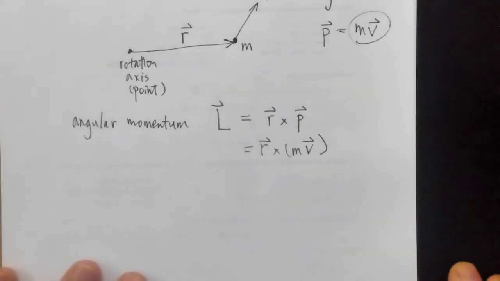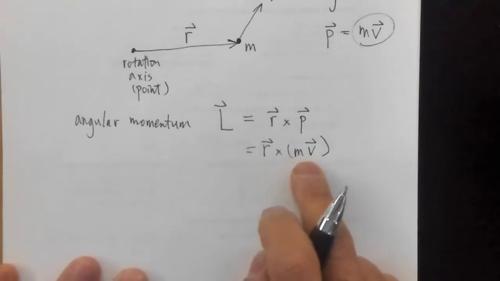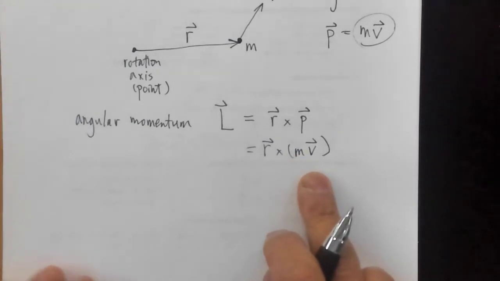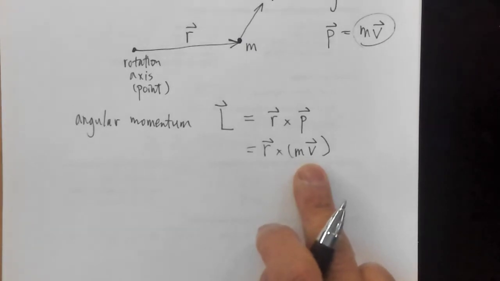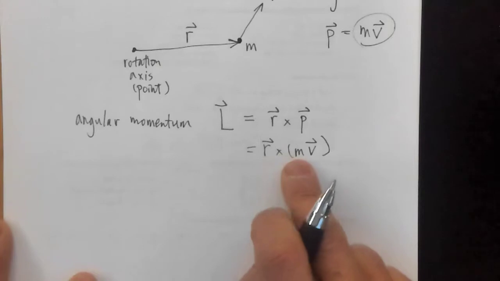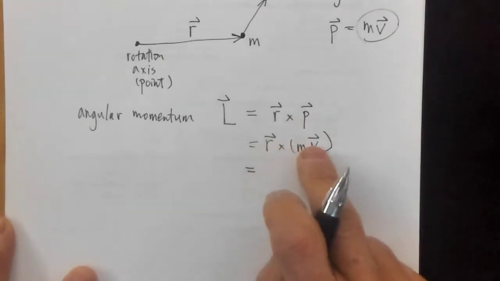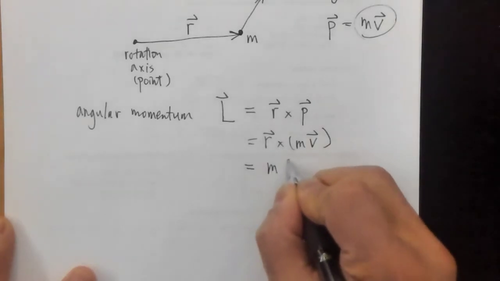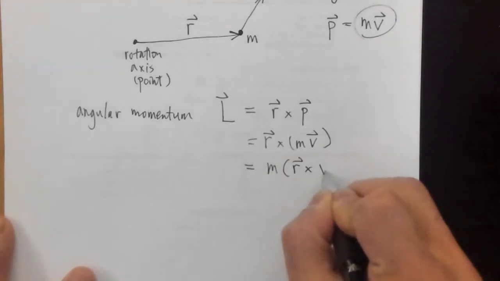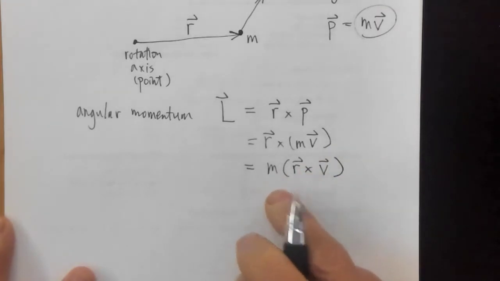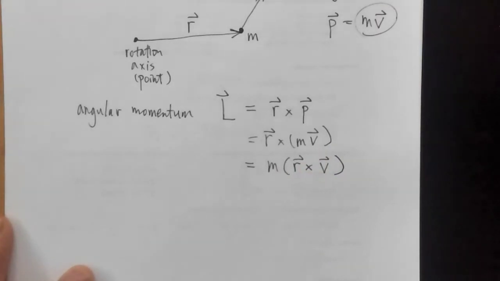Now this m is just a multiplication by something that's not a vector. This is a number that has units, kilograms. So you can actually pull this outside. You don't have to multiply the m before you do the cross product. You can pull the m outside and just do r cross v and then multiply by m afterwards. It's the same answer.